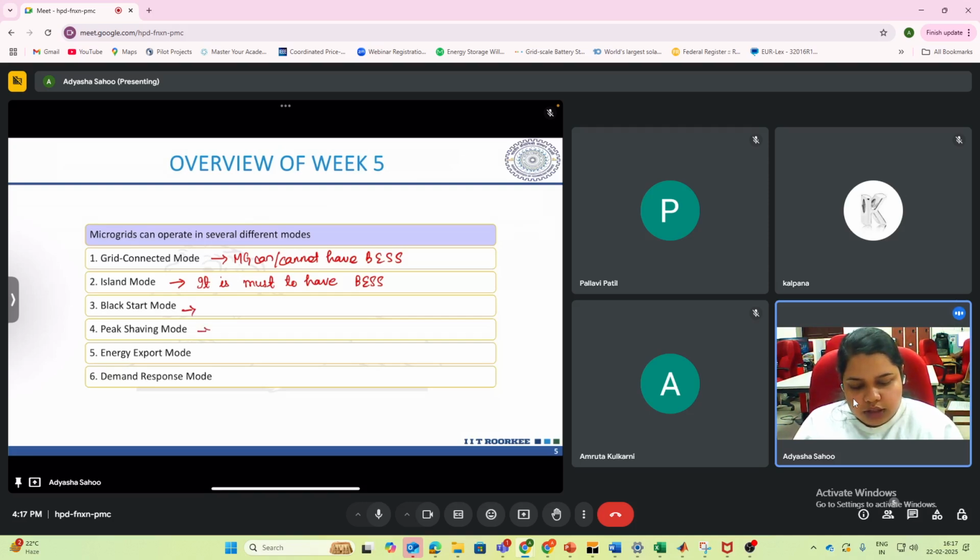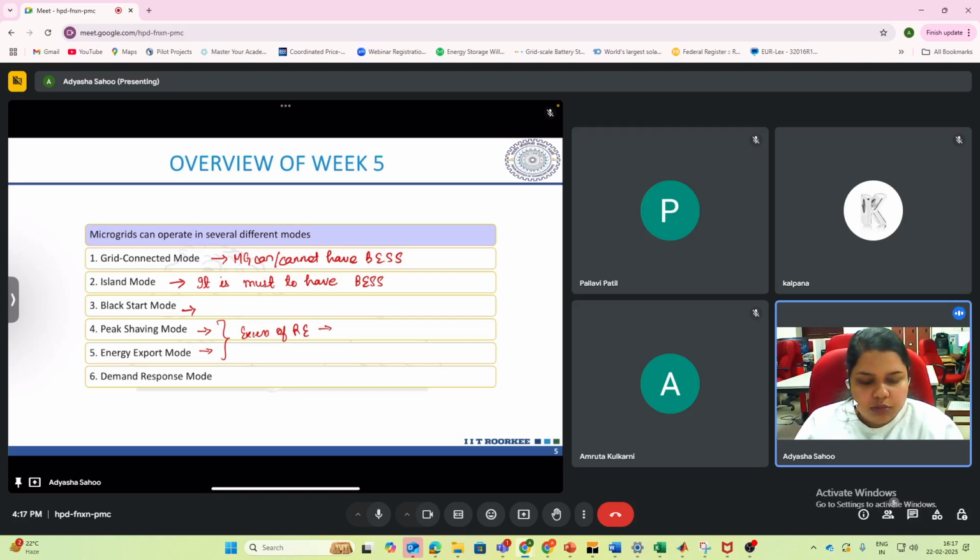Then a peak shaving mode and energy export mode. So all these we have seen in the previous lectures, where we saw that whenever there is an excess of RE, you have two options.